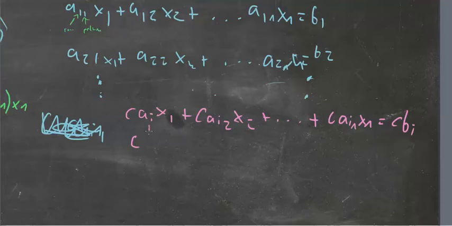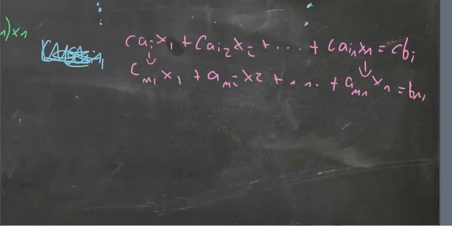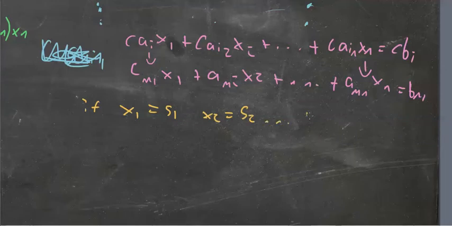And then you do the same thing down to a_m1 x1 plus a_m2 x2 plus a_mn xn equals b_m. Now, in this particular example, if x1 equals s1 and x2 equals s2, and it goes on for any xn equal to sn, the solution is going to be the same, except for the possibility of the ith equation.